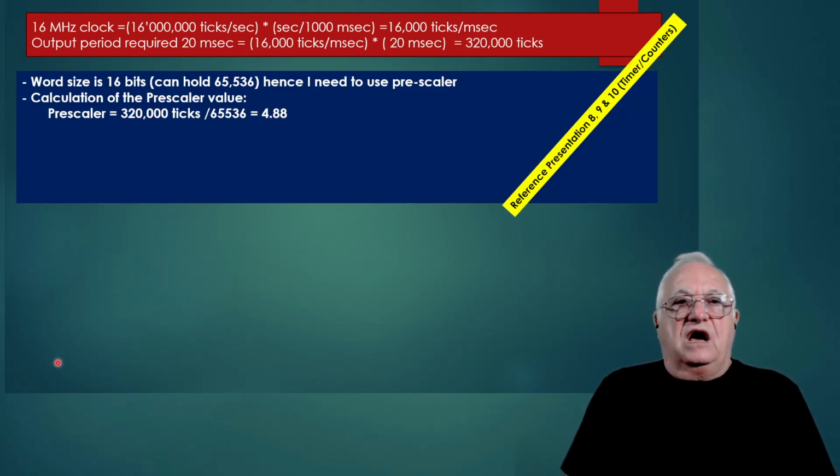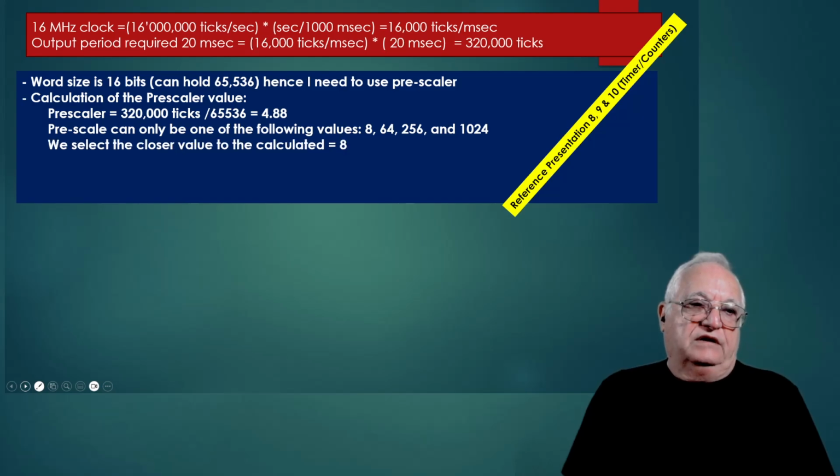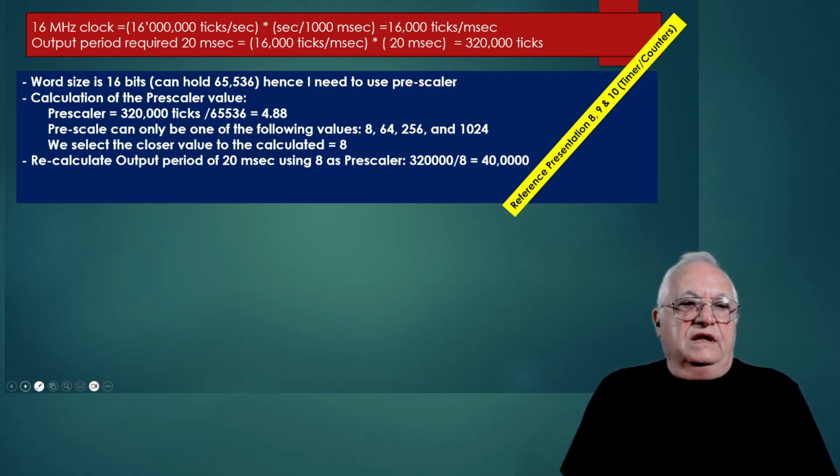So let's calculate our prescaler. Our prescaler would be equal to 320,000 divided by 65,536, which gives you 4.8. However, there are only specific numbers that we can use for the prescaler, and those are 8, 64, 256, and 1024. So we select the closest, which is 8 as a prescaler. Next, we recalculate the output period.